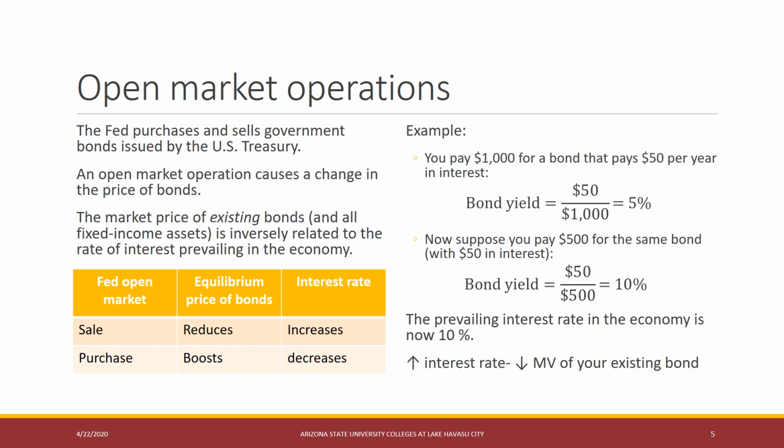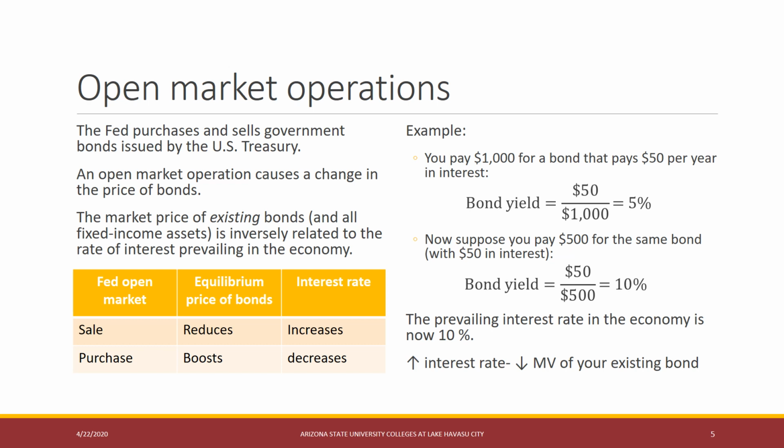Let us now consider the effect of open market operations, the tool that the Fed regularly employs on a day-to-day basis. The Fed changes the amount of reserves in the banking system by purchasing and selling government bonds which are issued by the US Treasury.